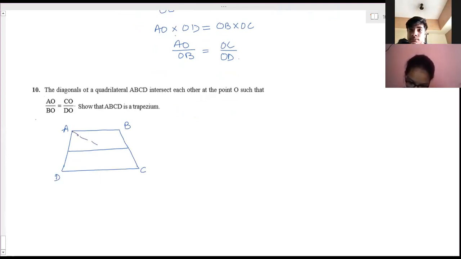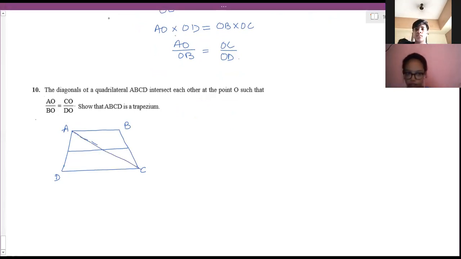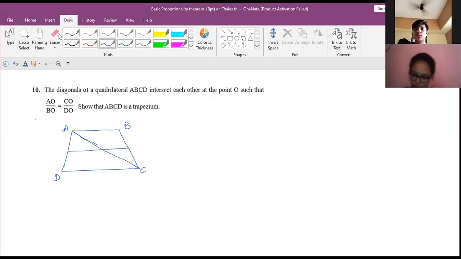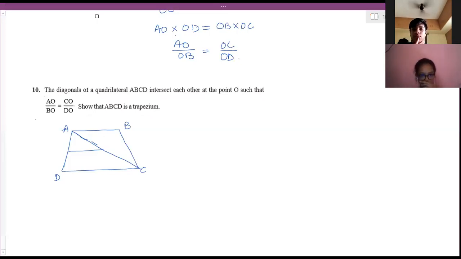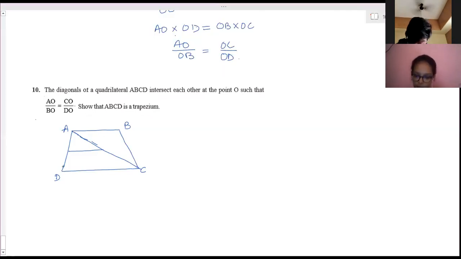First, sorry, they have already given it. Now you take OG parallel to DC. Yes, Rishi, how have you proved it?